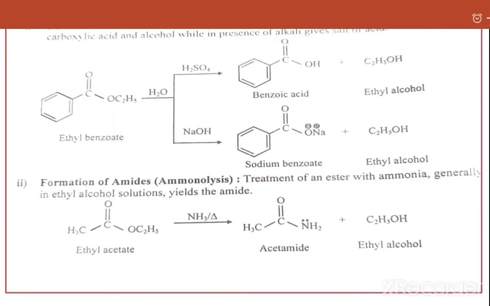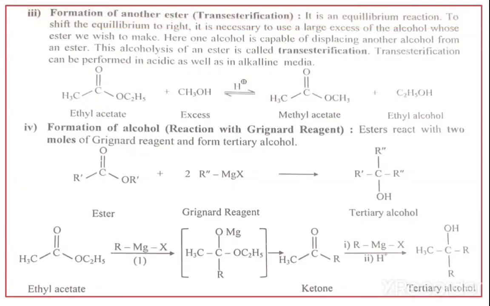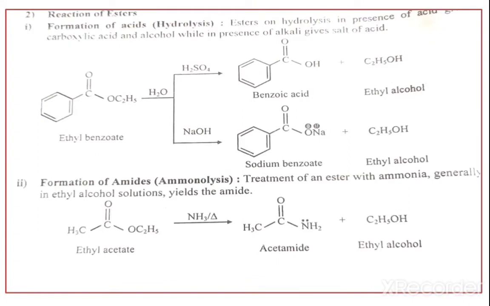In this way, in the reactions of ester, the formation of acids, hydrolysis, has two ways. In the first way, when the ester undergoes hydrolysis in the presence of acid, we get benzoic acid, and when it undergoes hydrolysis in the presence of base or alkali, we get the salt of the acid.